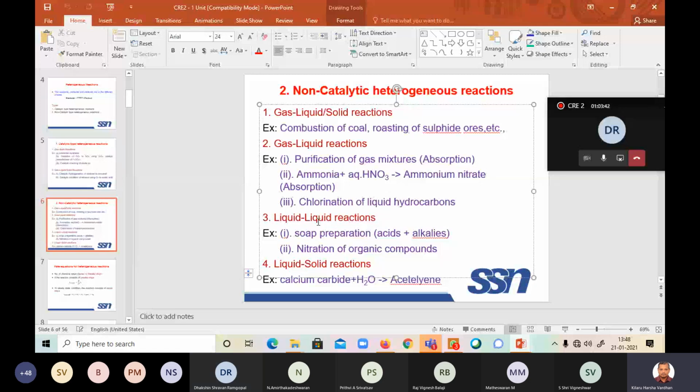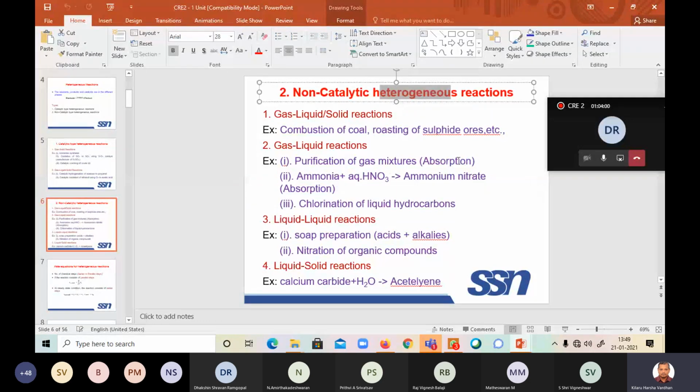Some change of phase where there is no catalyst at all. Some solid may form. These acids and alkali will give you soap, which is a solid. Both are liquid, right? That is your question, since it is liquid, how will it be heterogeneous? Yes, sir.